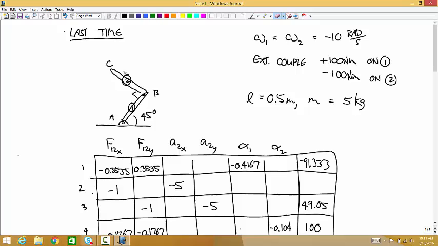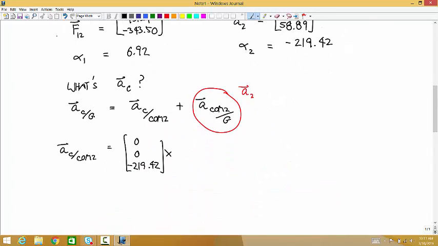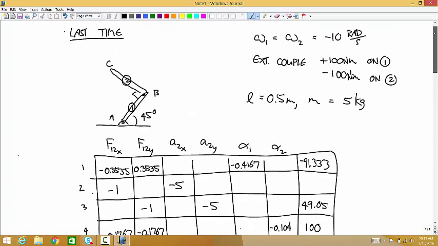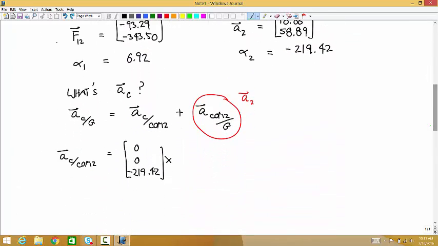Well, since we're doing our rotation about the center of mass, that's what it says, that we're doing it relative to the center of mass. We want an r vector that goes from the center of mass to our point of interest. So what would that be?